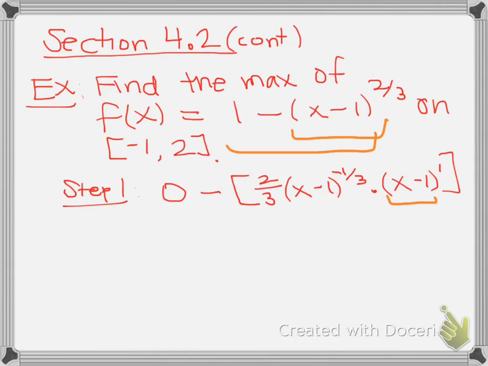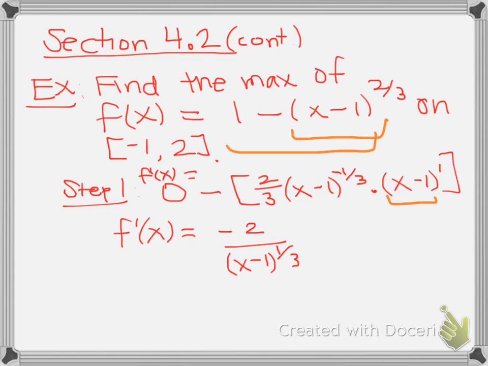But I wanted to show that because I want you to get into the habit, make sure you're comfortable with using chain rule, okay? So then if we simplify this up a bit, f prime of x equals, and so I should have put an f prime of x there, it equals -2 over x minus 1 to the 1/3.